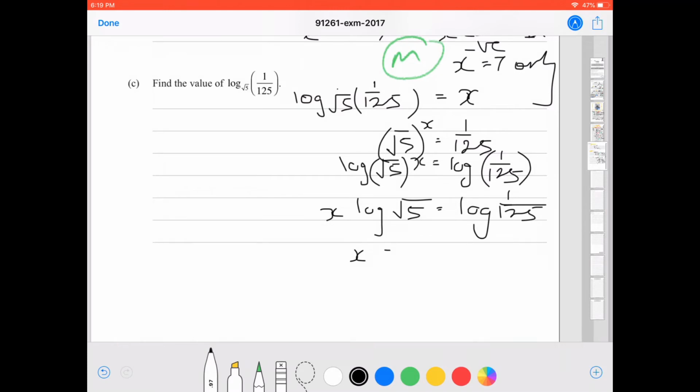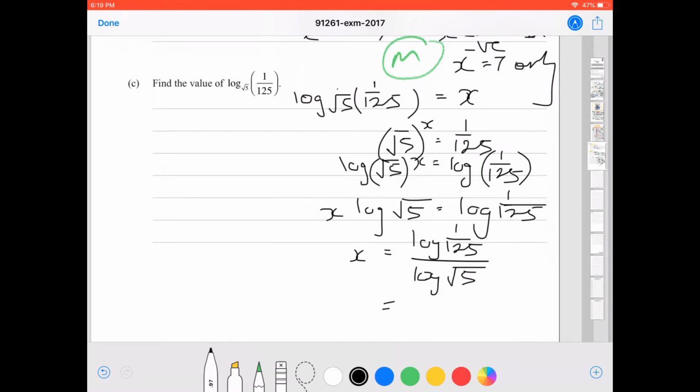X equals log of 1 over 125 over log of root 5. So this is how you do it algebraically. We can calculate it.